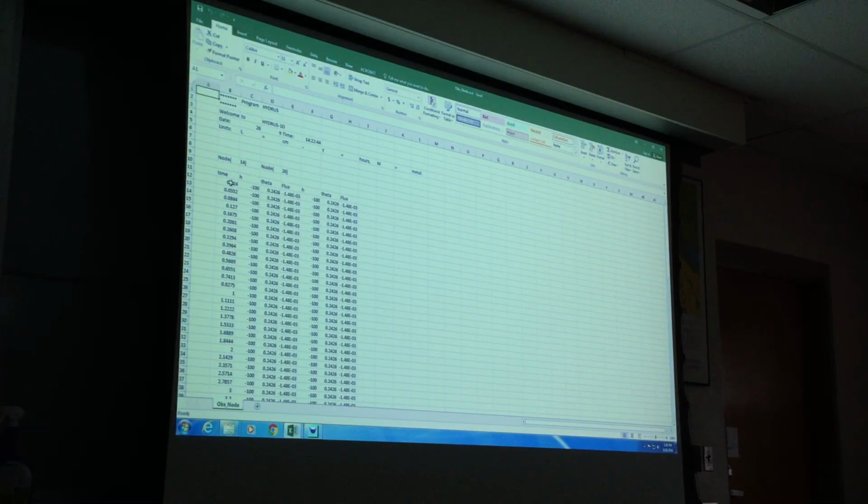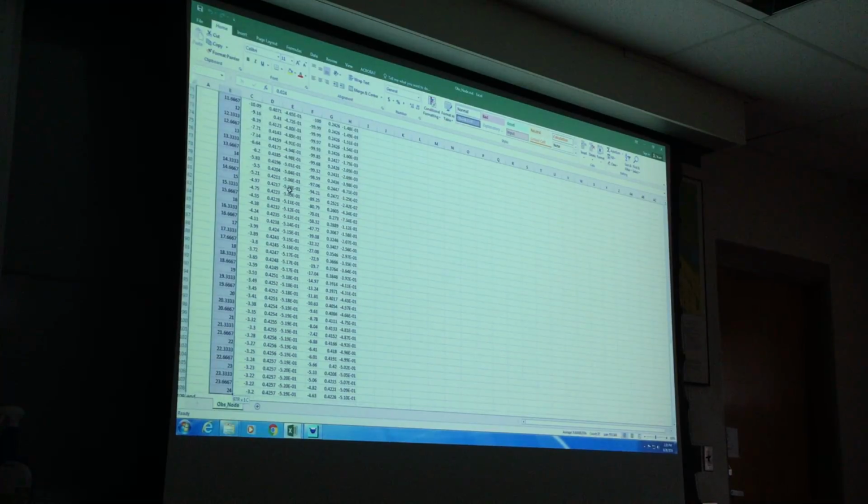Now we basically have the time interval, and then we have the water content at 26 centimeter, which is equivalent to node 14 when we go from the surface, and then 50 centimeter, which is node 26. So we can go through this.